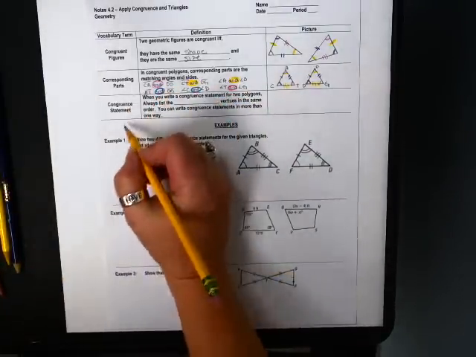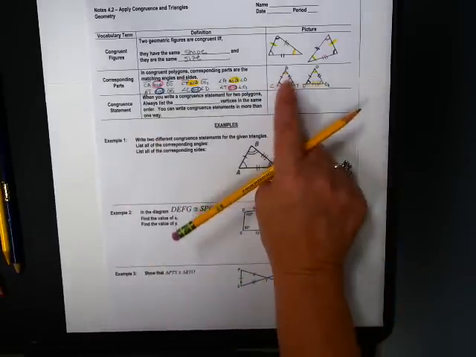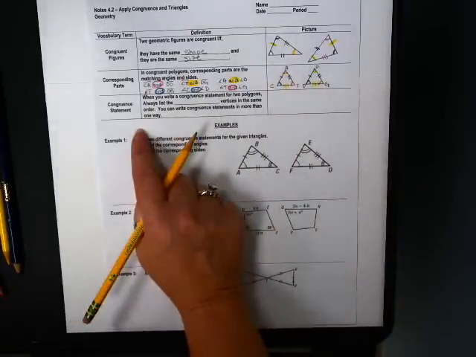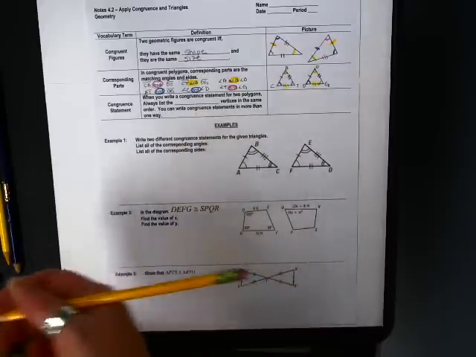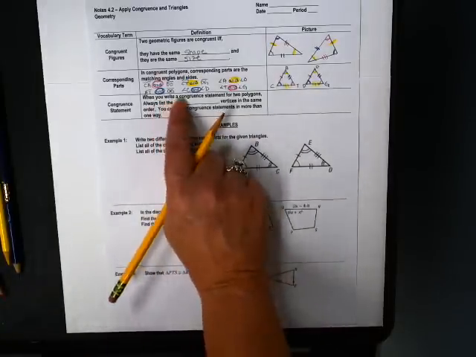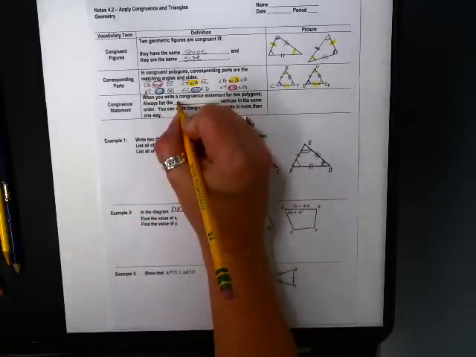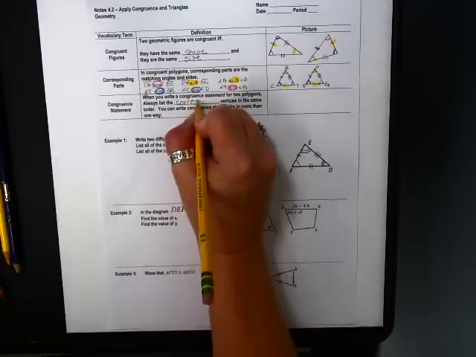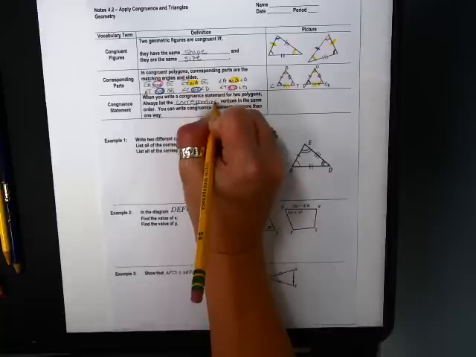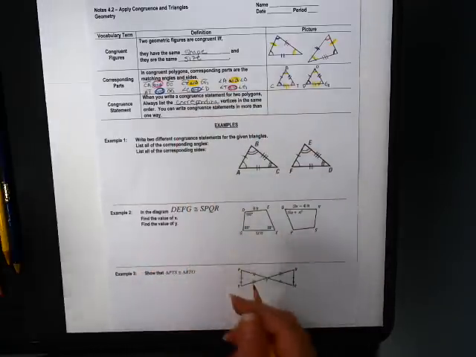Okay, congruent statement. When we have two congruent triangles like this, there are congruent statements that we can write. When you write a congruent statement for two polygons, always list the corresponding vertices in the same order.